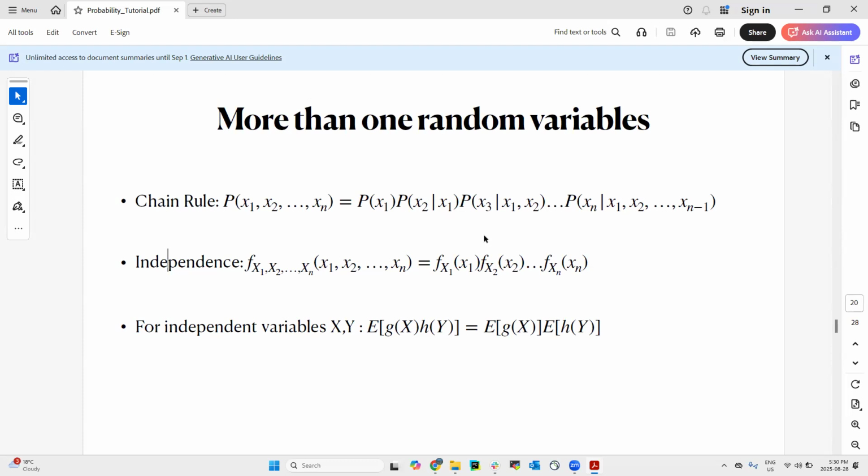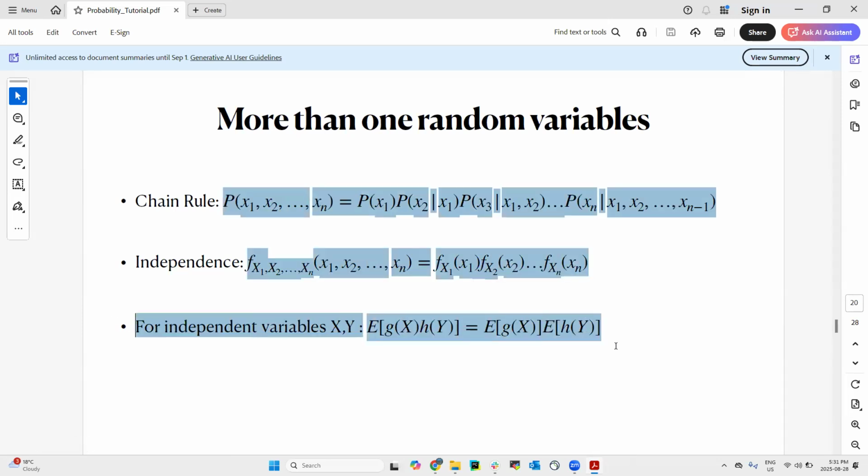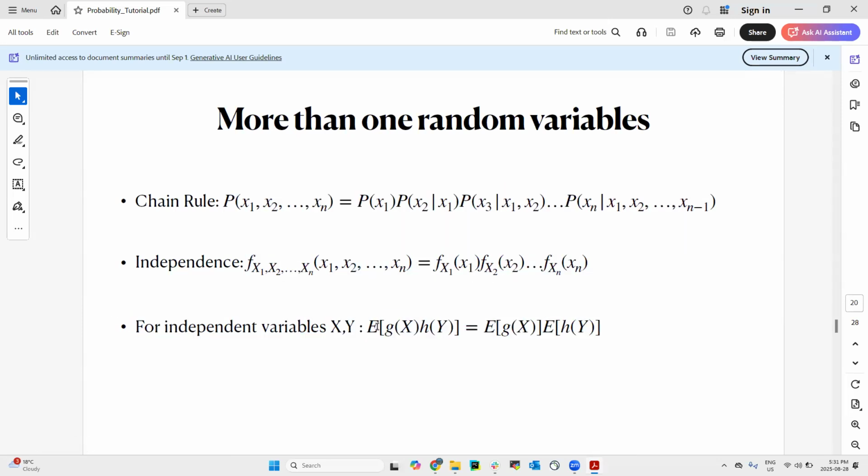So n random variables are independent if and only if seeing one of them, or seeing a bunch of them, does not change our perception about the other ones. And another thing I wanted to mention, which is very important, is that generally E of G times H is not equal to the expected value of G times the expected value of H. This is only true if G and H are independent, okay?